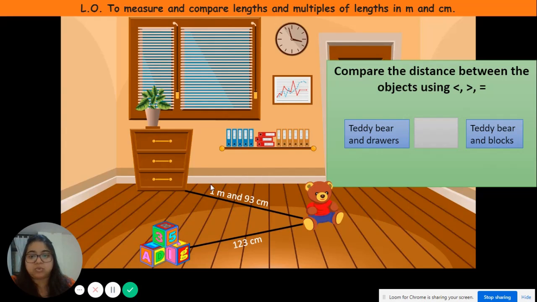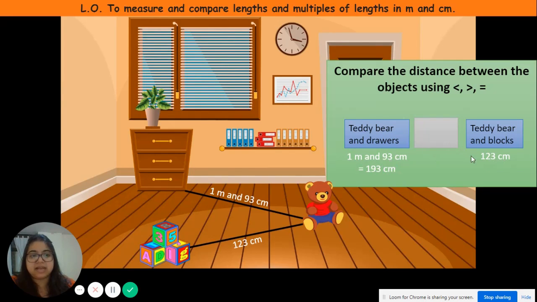We know that 1 meter is equal to 100 centimeters. So 100 centimeters plus 93 centimeters is going to give me 193 centimeters. And this distance is already given in centimeters, which is 123 centimeters.